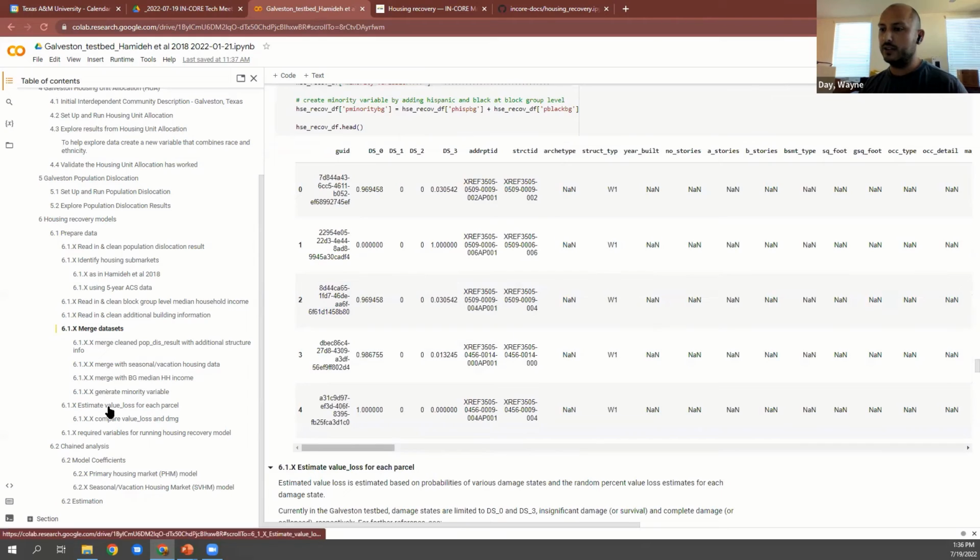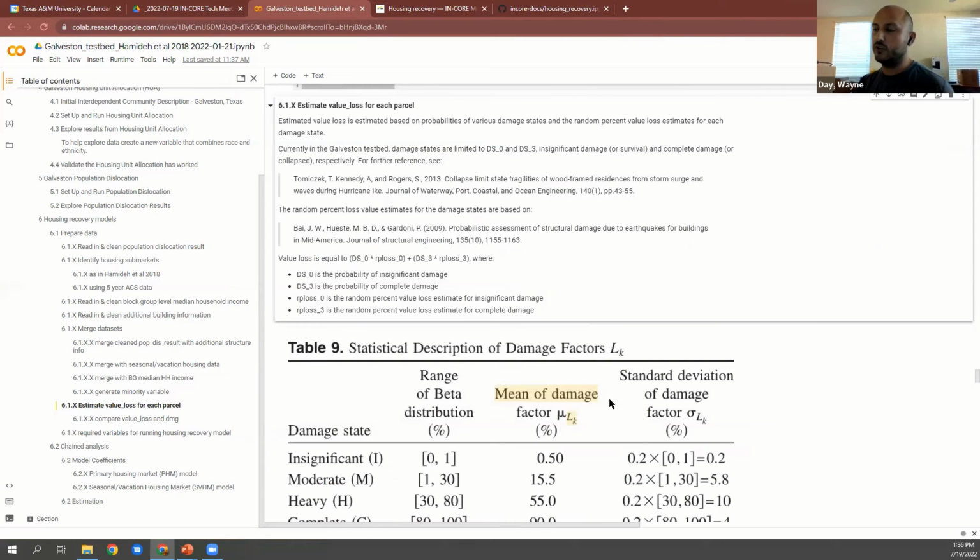I'm going to jump down to this estimate value loss section. For each parcel, we need an estimate of damage. It's a coefficient, a variable in the model. In the original paper describing what was happening in Galveston, we were looking at the difference between 2008 and 2009, before the storm and after the storm, and the difference in building value is the estimated damage.